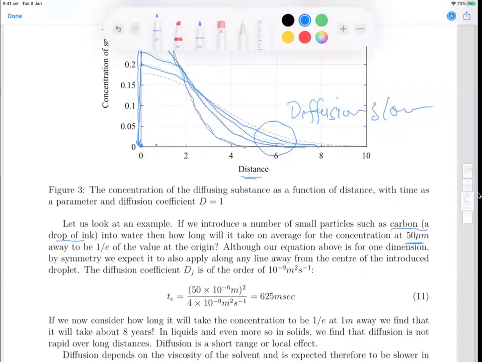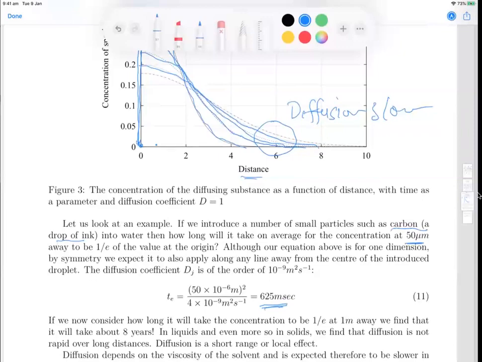And we can substitute it into our equation and find the result. And I won't go through that now, but the result is it takes just over half a second for a carbon particle to move away 50 micrometers from the original source of carbon.